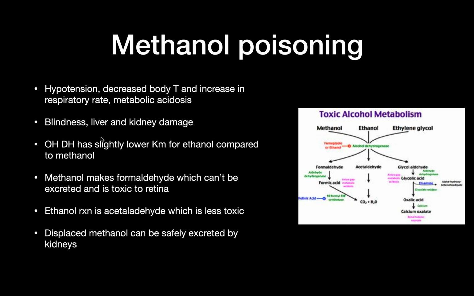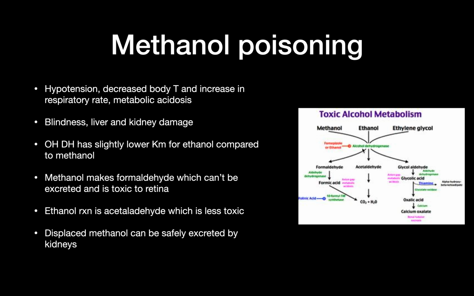This can cause blindness, liver and kidney damage, and the metabolism is that alcohol dehydrogenase has a slightly lower Km for ethanol compared to methanol, so it has a higher affinity for ethanol, and methanol will form formaldehyde, which can't be excreted and is toxic to the retina. So ethanol just goes through the reaction and forms acetaldehyde, and that is easily excreted.